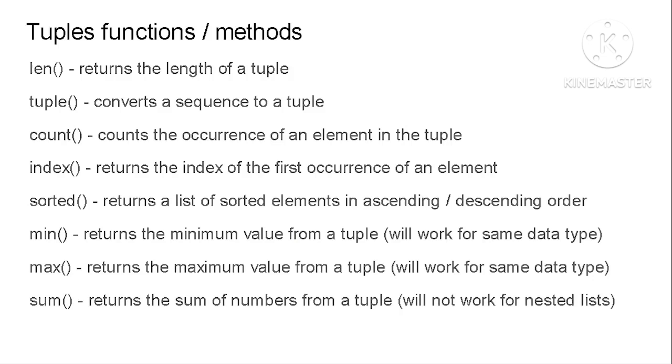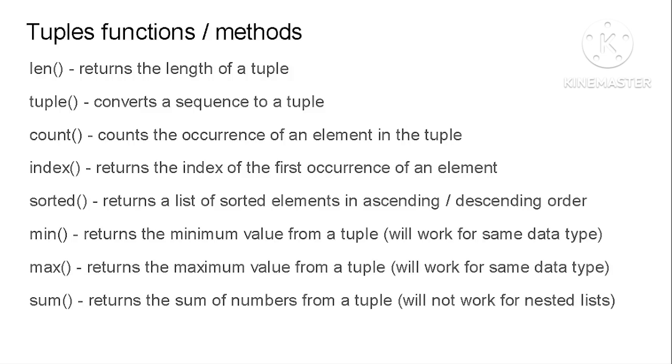Sorted will arrange a copy of the elements in the tuple and return the answer in the form of a list. That is very, very important. Sorted will not disturb the tuple. It will create a copy of it, sort the elements in a list and give the answer in the form of a list.